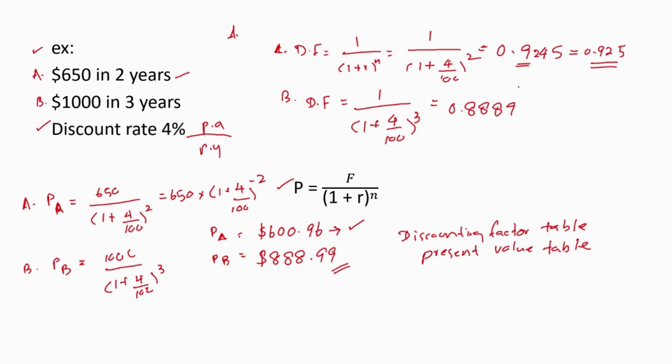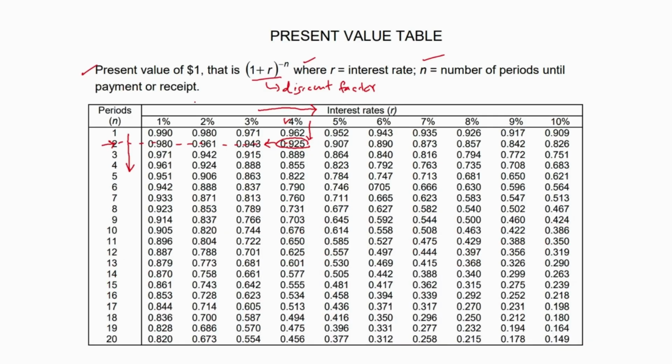Now let's cross-check the B value, 0.889. The discounting rate is the same, which is 4%, and n will be 3. Going back to the present value table, this is our 4% column, and let's go horizontally along the periods. Here is the 3. Now let's go along this row.